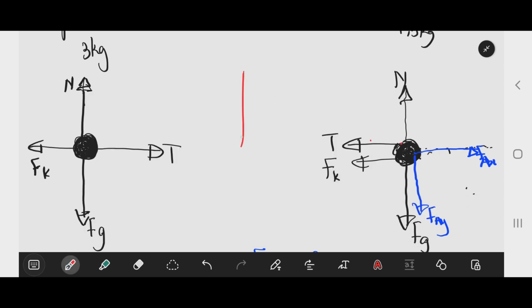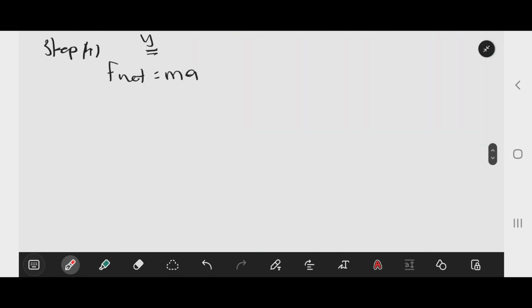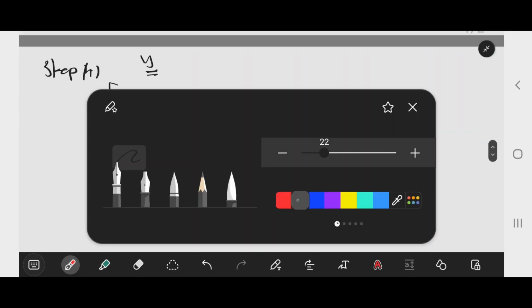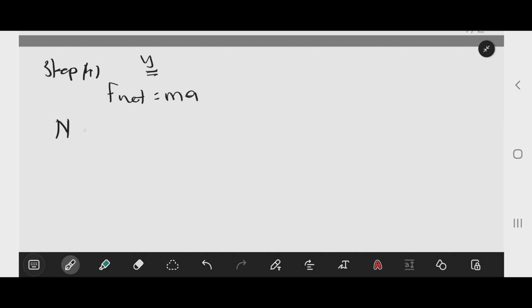Because remember, the system of axis that we are using has the positive x-axis, negative x-axis, negative y-axis and positive y-axis. So the normal force will be positive because it is pointing upward, and Fg will be negative because it is pointing downwards.